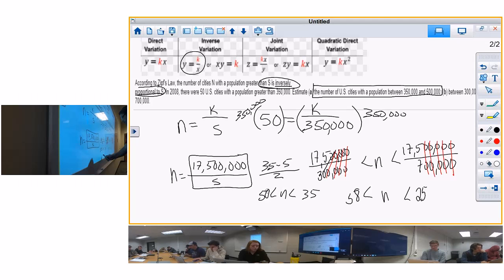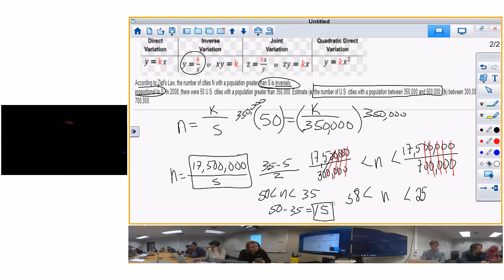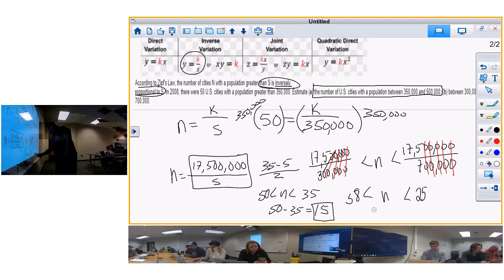I don't know why they're doing it. I'm going to have to research this because I don't understand why they're subtracting. 58 minus 25 is equal to what? 33.